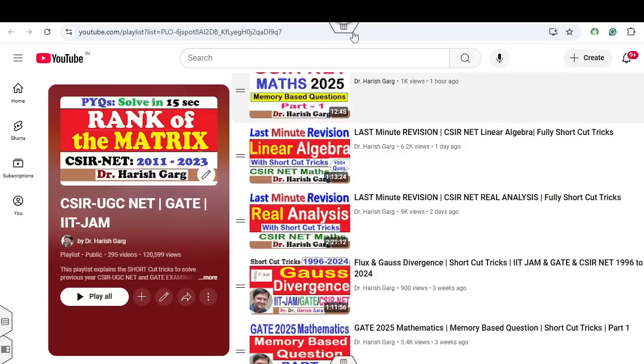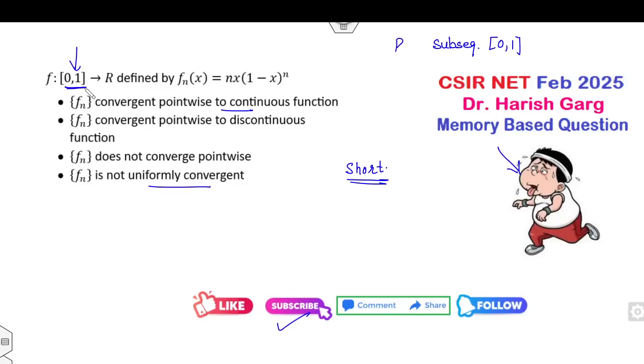If you remember students, if you have listened to that lecture carefully before the examination, what I told you was: whatever the domain, take any subsequence. You may choose the subsequence 1 over n. You may choose the subsequence 1 minus 1 over n. You may choose the subsequence 1 over 1 plus 1 over n, but 1 over 1 plus n does not belong to this interval, so that subsequence you can't choose.